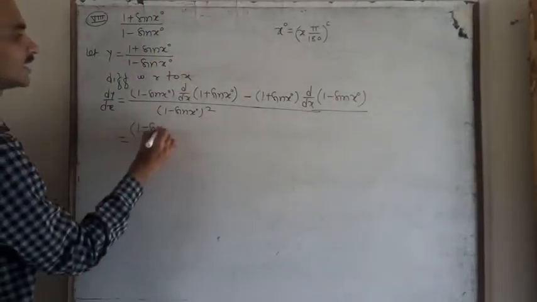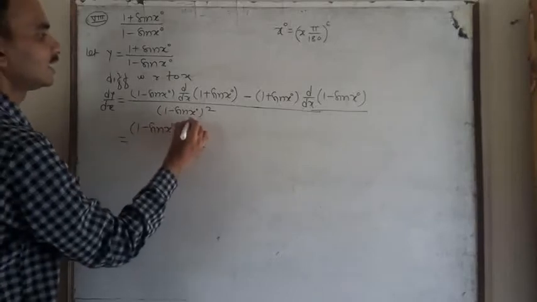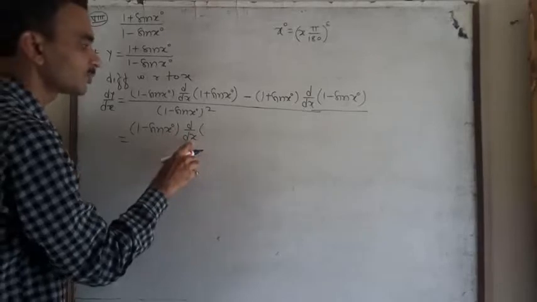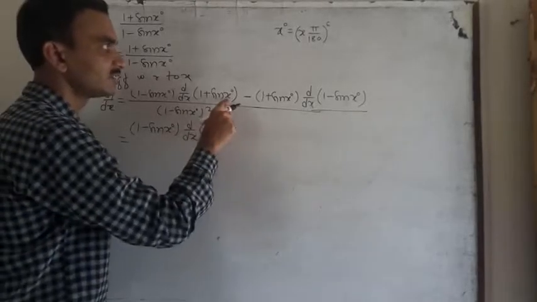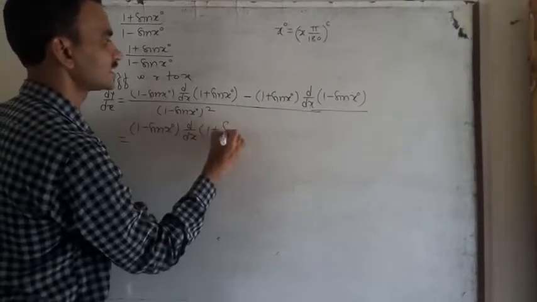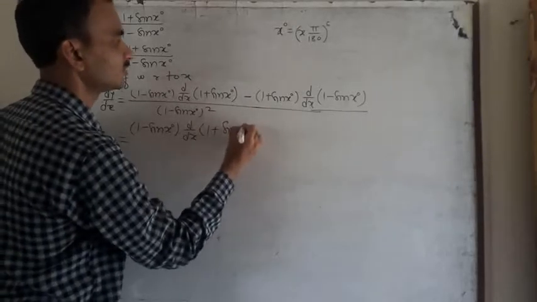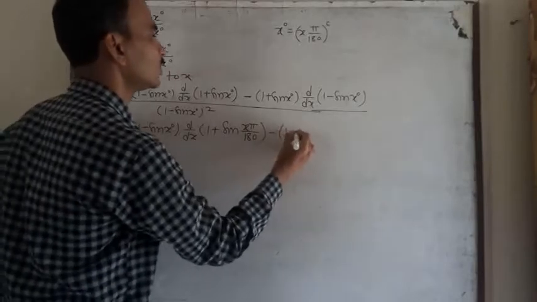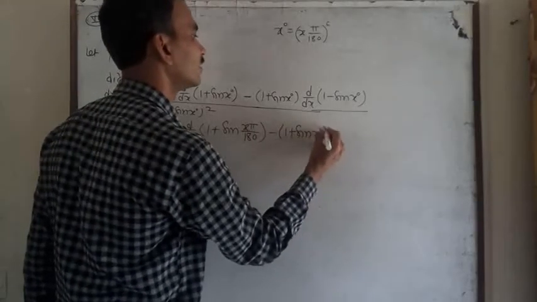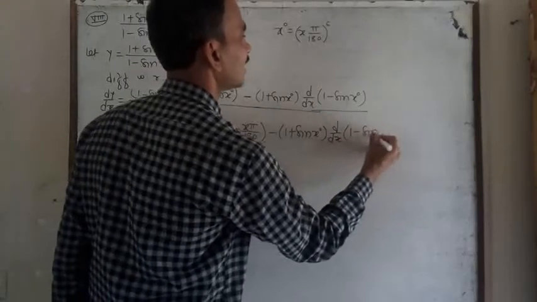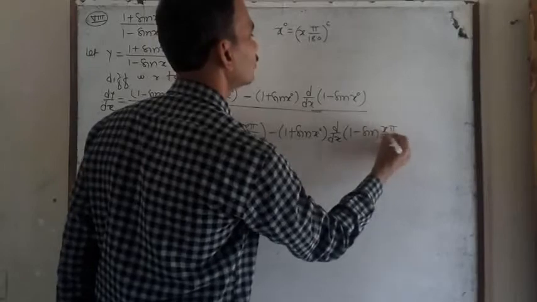This 1 minus sine x degree as it is, and we have to convert. If we have to differentiate with respect to x, then convert this x degree into radian measure. 1 plus sine x degree means x pi upon 180 minus 1 plus sine x degree, d/dx of 1 minus sine x degree means x pi upon 180.